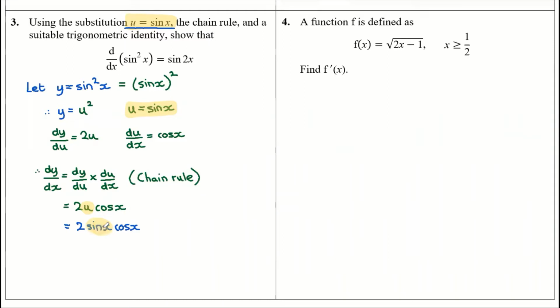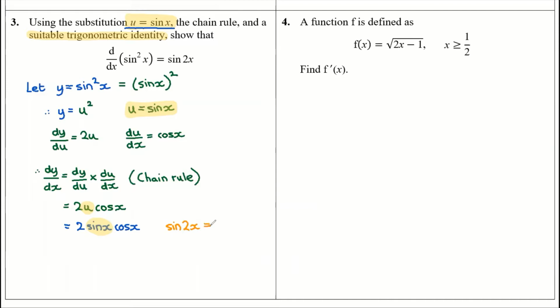It still doesn't look like the answer. So what have we not read in the question? Well, it says using a suitable trigonometric identity. Does that look like a trigonometric identity or something we've seen before? This is why it's good to know these identities. You'll notice that this is a double angle identity for sine.